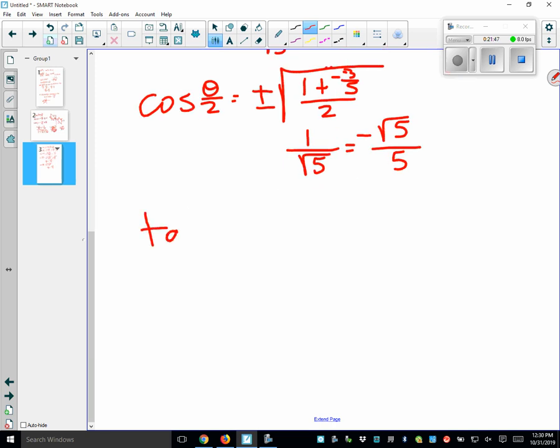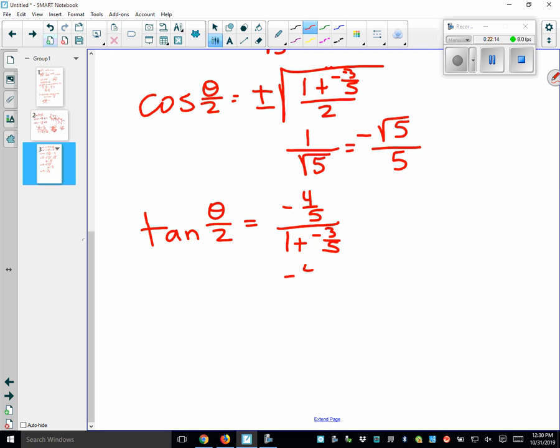What is tangent of theta over 2? Sine of x over 1 plus cosine of x. Sine of x is negative 4/5 over 1 plus negative 3/5.